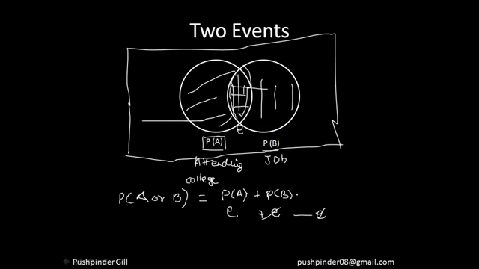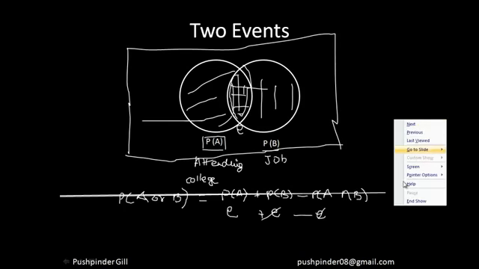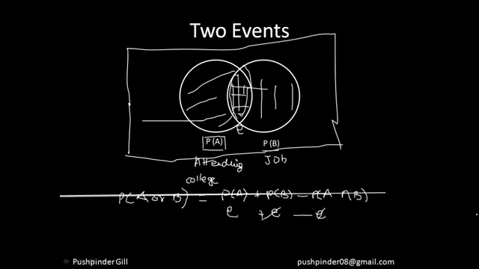So for that I have to subtract the probability of both the events happening, right? I hope everyone understood this. Sorry for this mess, guys. So the probability of either of the events happening is equal to the probability of one event happening plus the second event happening minus both of the events happening.